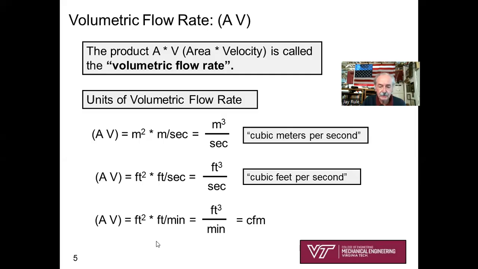Now let's go down to engineering practice and things we can read off a nameplate of a compressor or other types of situations. A times V: area would be square feet, and in many cases the velocity is expressed in feet per minute.